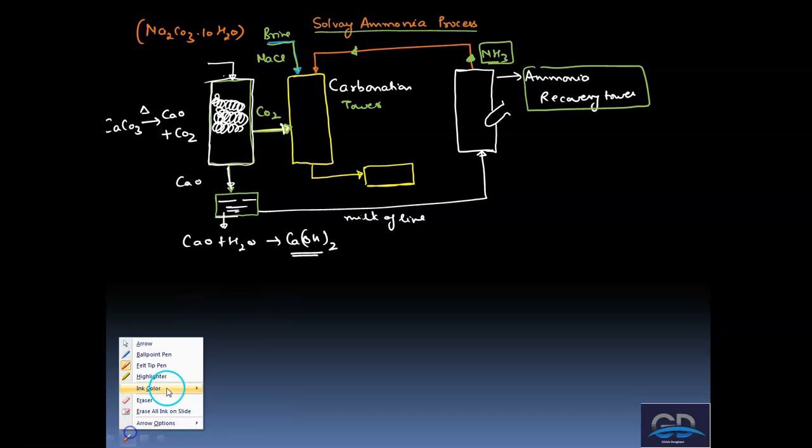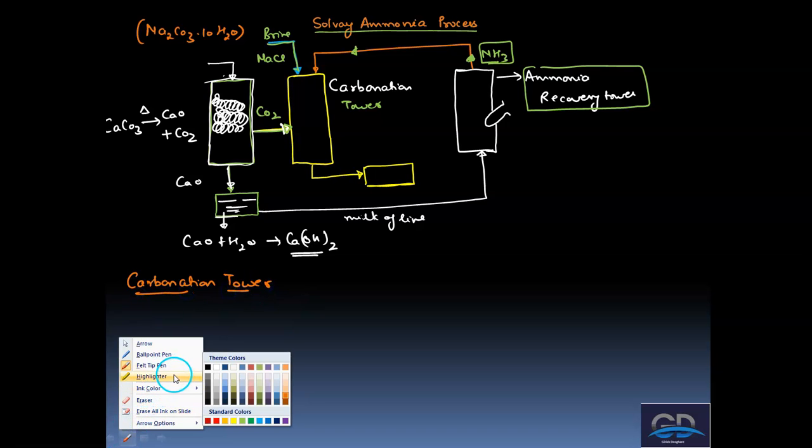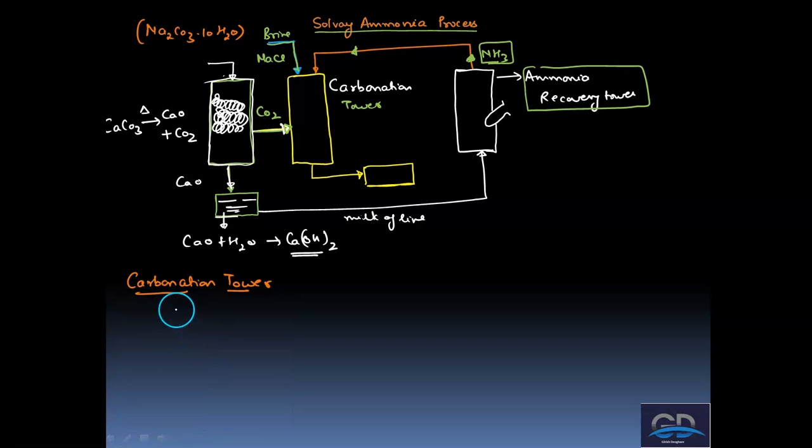Right. So let us see what the reactions happening in the carbonation tower are. Ammonia from the ammonia recovery tower reacts with CO2 in a brine solution.